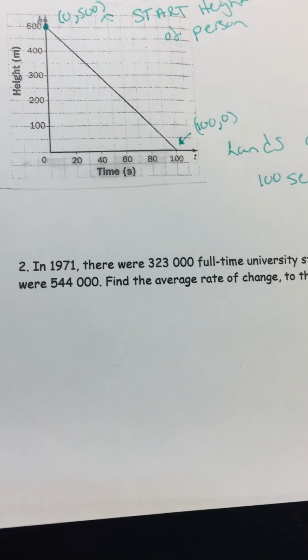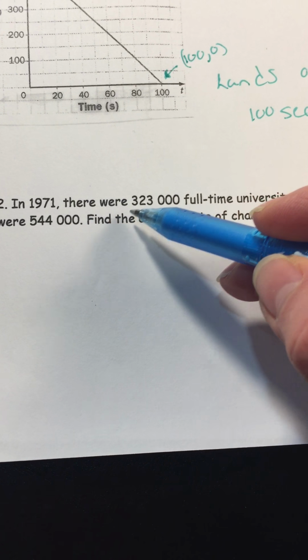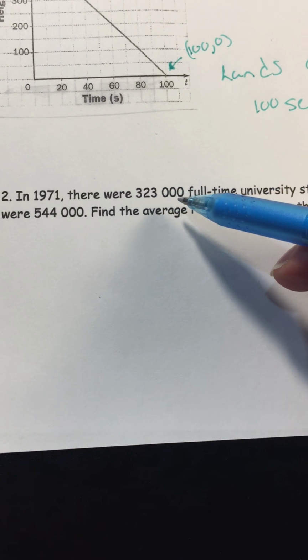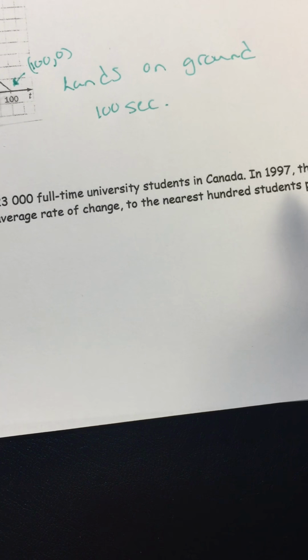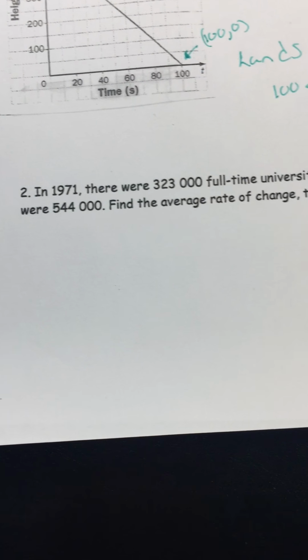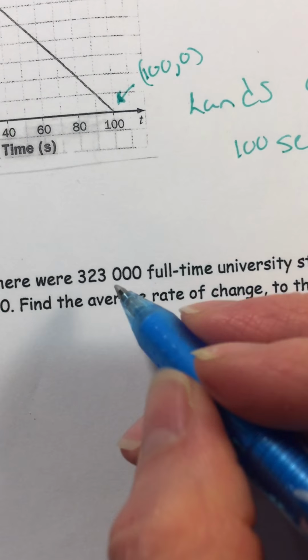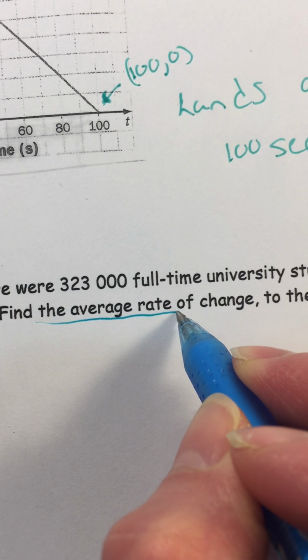Okay, next example. In 1971, there were 323,000 full-time university students in Canada. In 1997, there were 544,000. Find the average rate of change to the nearest 100 students per year. Well, again, it says find the average rate of change.